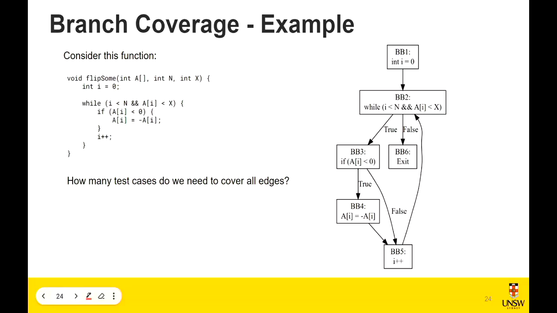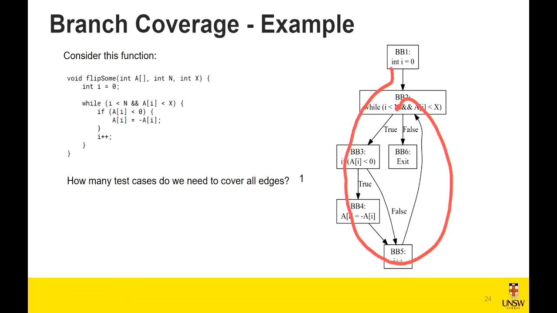So how many test cases? 1. Okay, I hope it's not from the slides. And yes, I see from your gesture you are doing the correct thing. So the answer here is still 1, and that's because we can cover the branch like this.